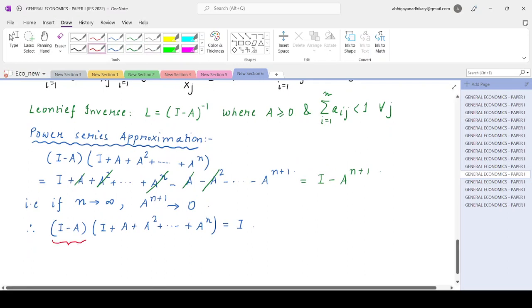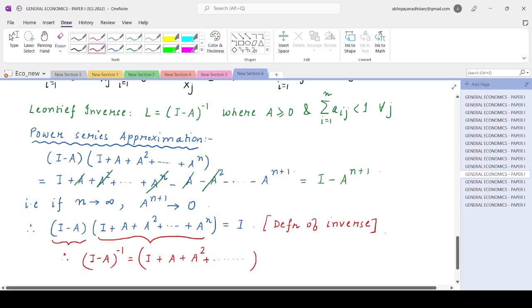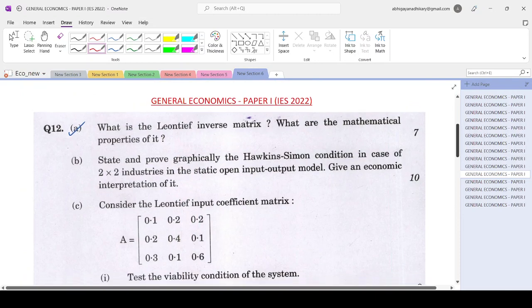We are multiplying two matrices, one is this and another one is this, and we are getting identity. So this statement, what we have obtained, is simply the definition of inverse. You multiply two matrices and get an identity matrix. So one is the inverse of the other. Therefore, (I minus A) whole inverse is nothing but this thing, I plus A plus A square plus dot dot. This is the power series approximation that we were talking about. Okay, this is one of the interesting properties of the Leontief inverse matrix that we were required to illustrate.